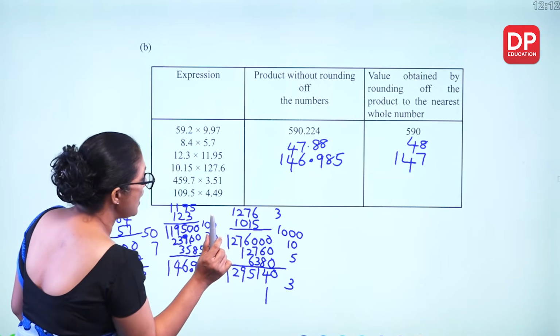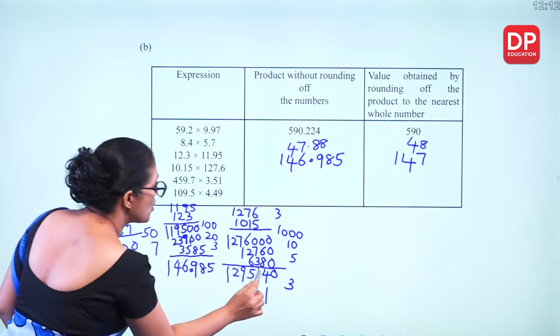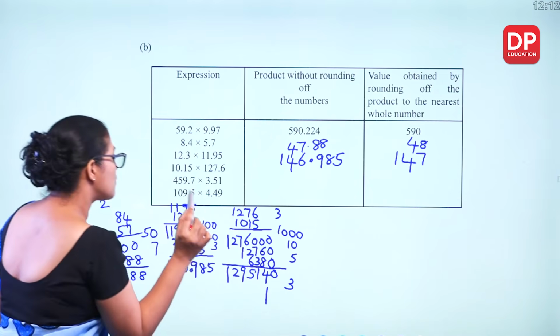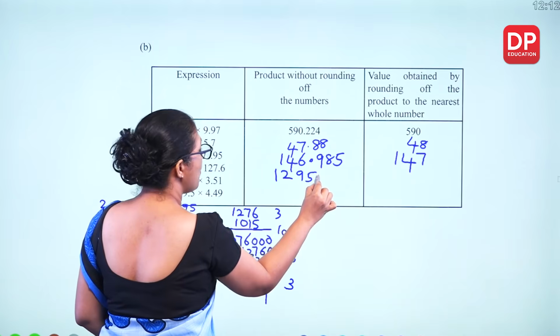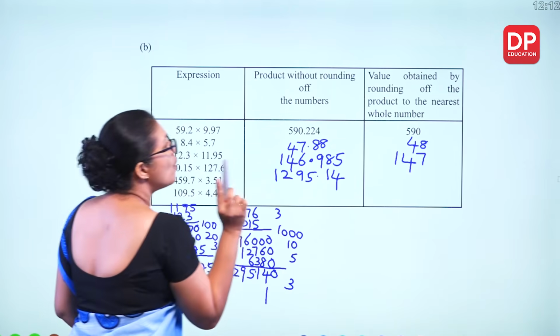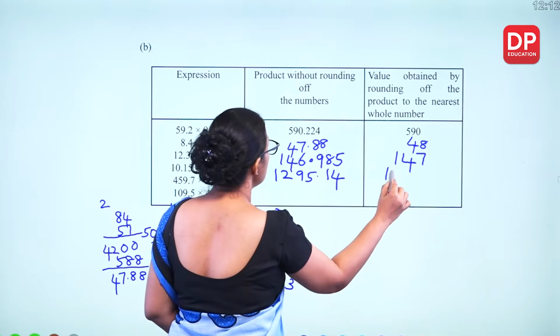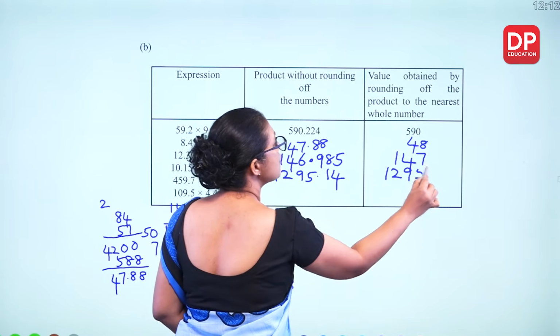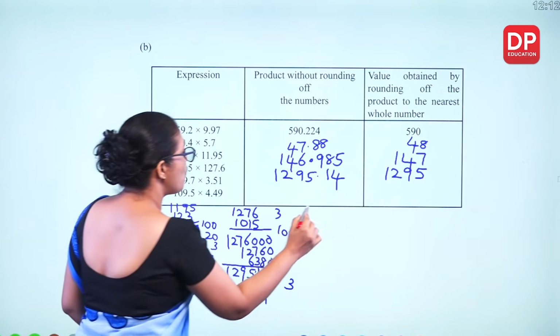And you need to keep how many decimal places? 3. 1, 2, 3. So the answer is 1295.14. Correct to the nearest whole number, this becomes 1295. We are not adding 1 to that.